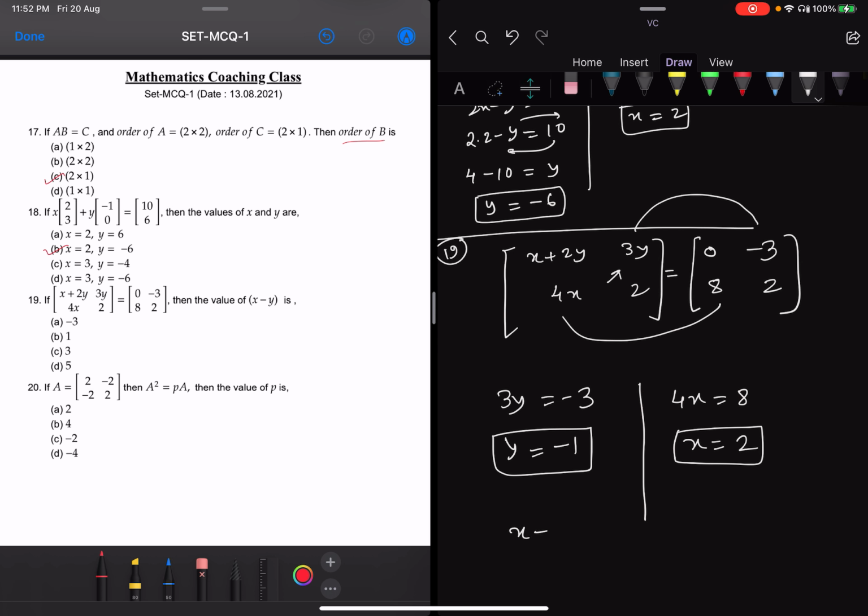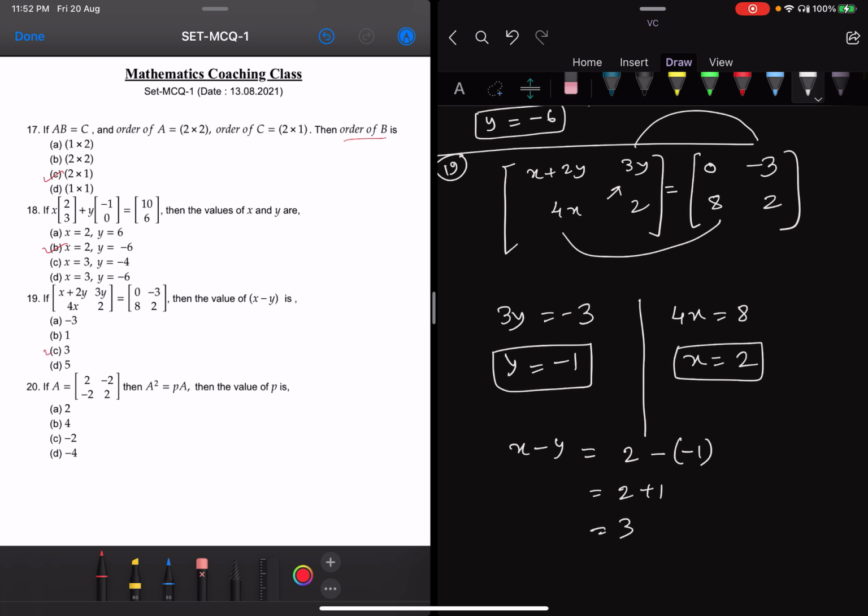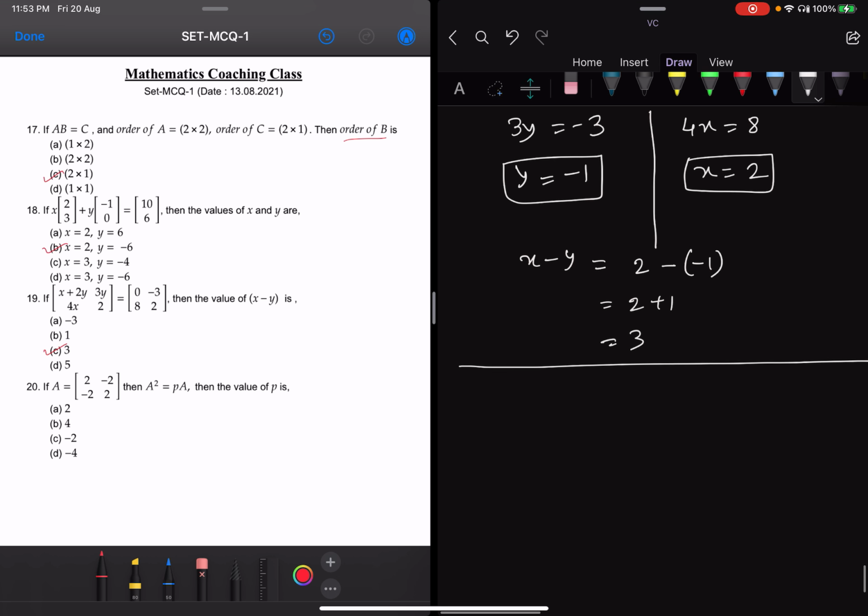Now by x minus y, what will happen? x minus y equals 2 minus of minus 1. That means 2 plus 1. 2 plus 1 is 3. So the x minus y is 3. That is the option number C is correct. Clear?